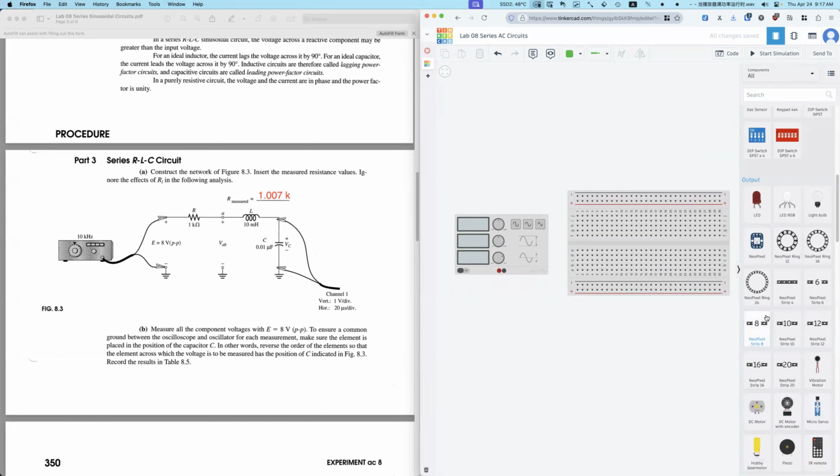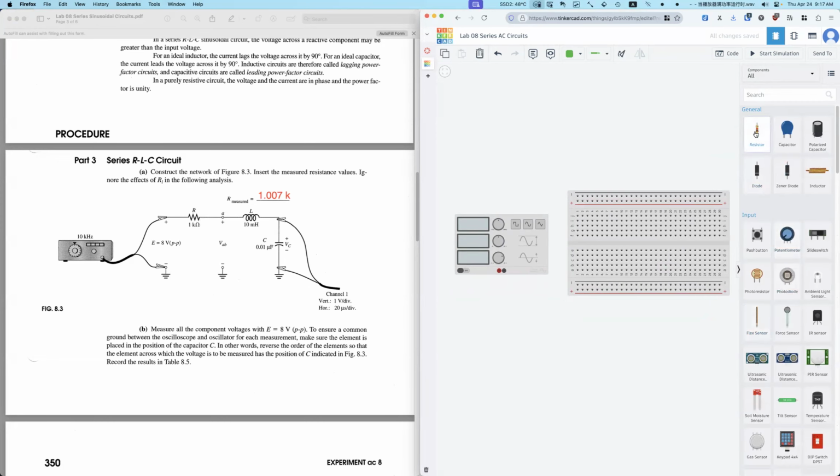Resistor first. Oh, I forgot one thing. I can put the resistor here. Connect the power to the breadboard. So positive, this is red.